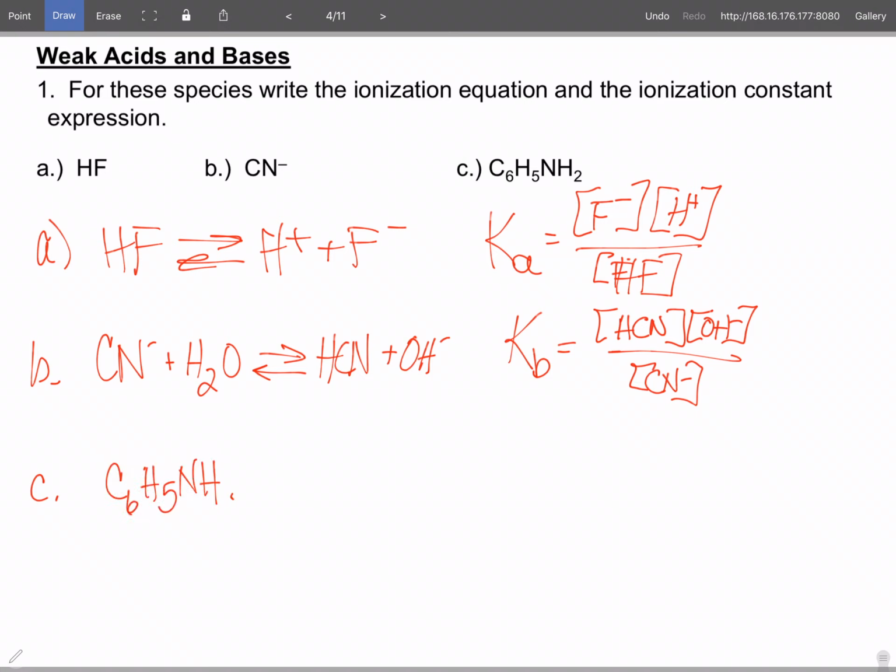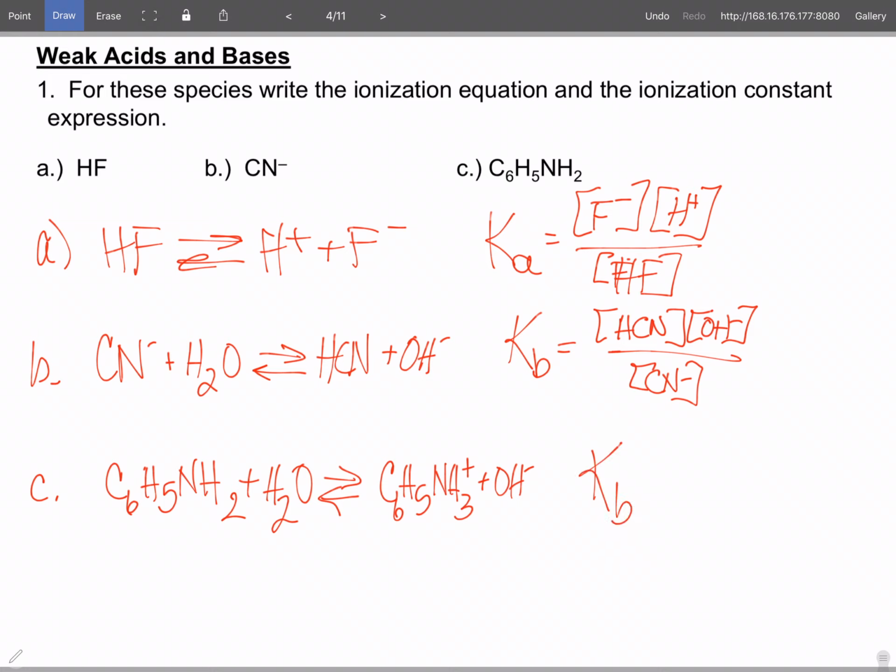Okay? So on C, this one is C6H5NH2. Based upon what we know about nitrogen, there's no oxygen present, so odds are it's basic. So we would pick up a proton, so C6H5NH3 plus OH minus, because we picked it up from water.